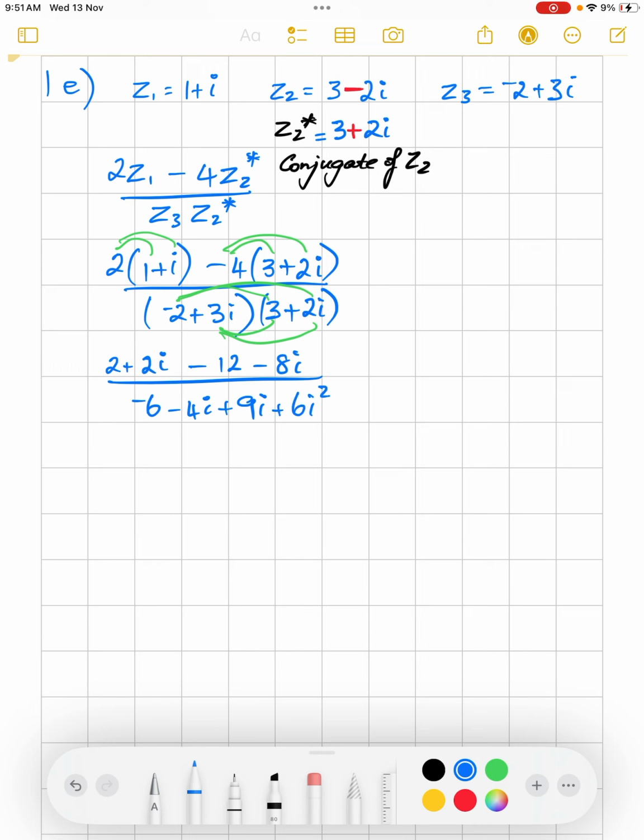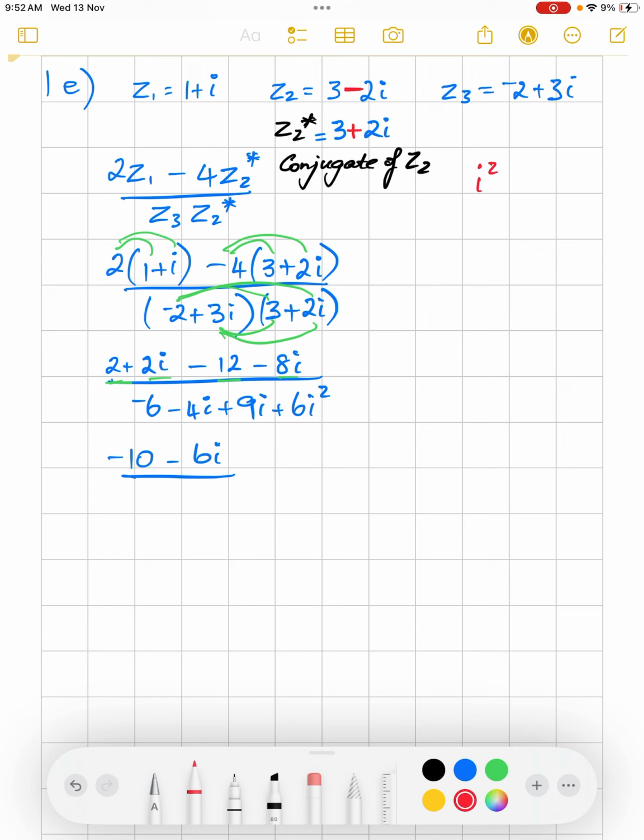Let's look at the real components of the numerator. 2 and negative 12 make negative 10. And 2i and negative 8i is minus 6i. And in the denominator, I'd like to change 6i squared.